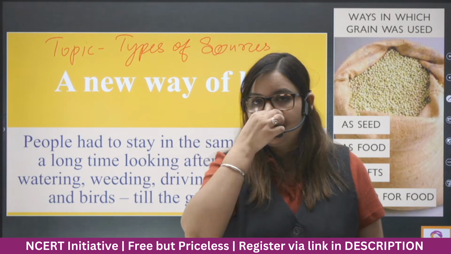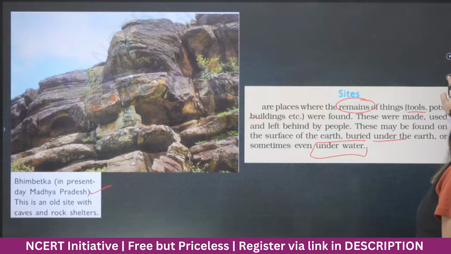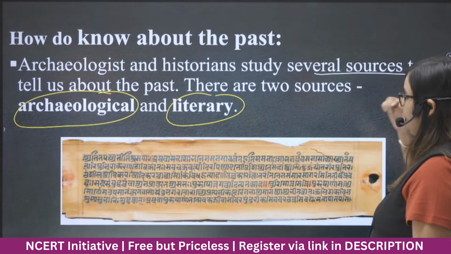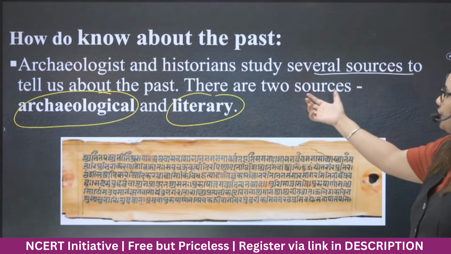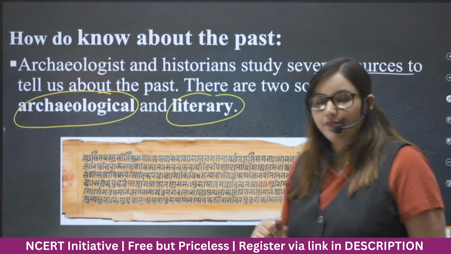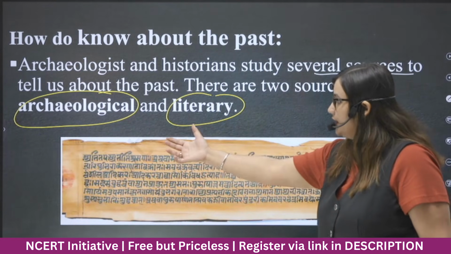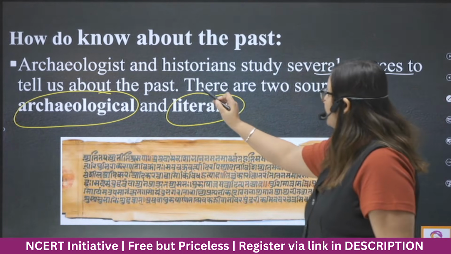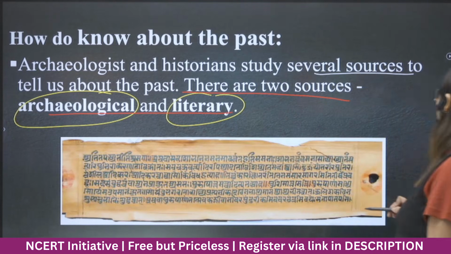Okay. Next, please write the first point. Write like this. There are two sources, archaeological and literary. Please write this line. There are two sources, archaeological and literary.